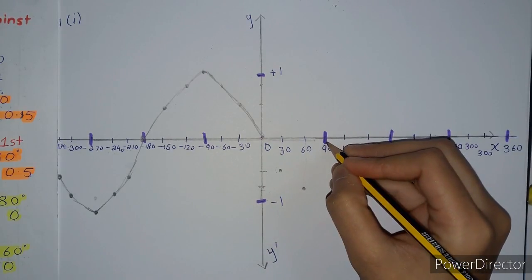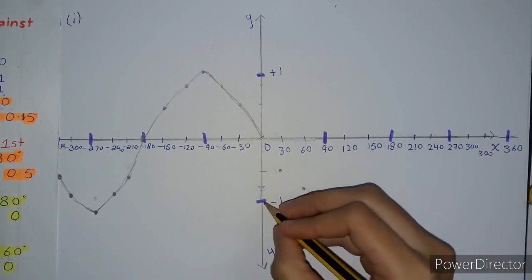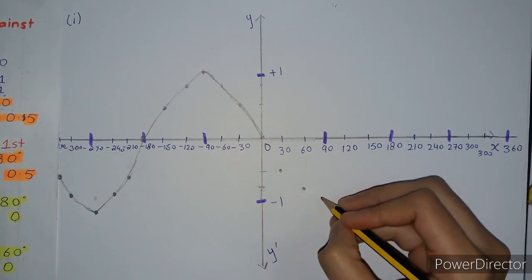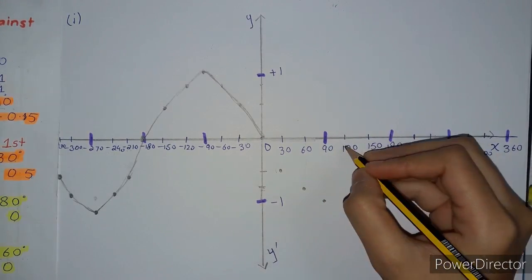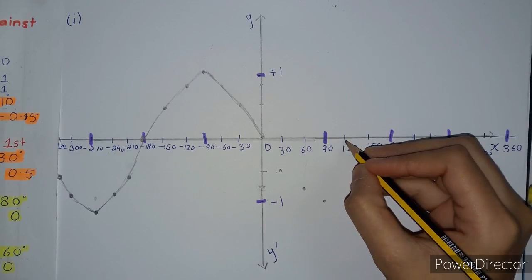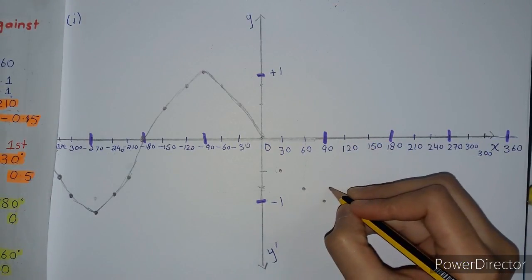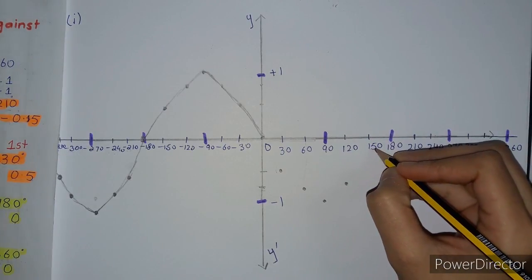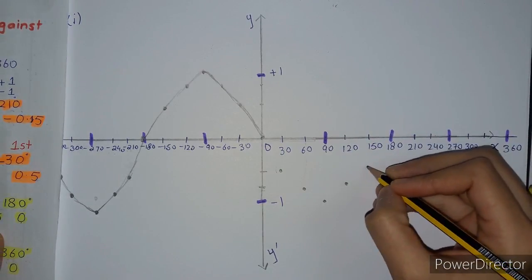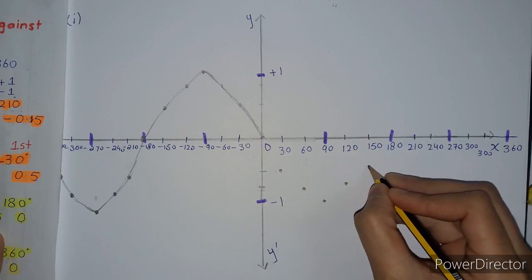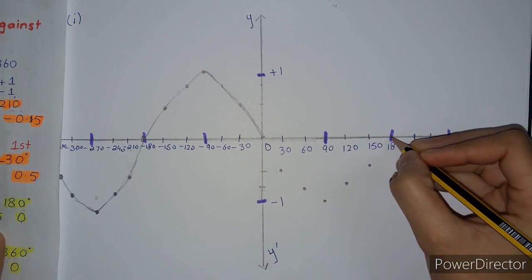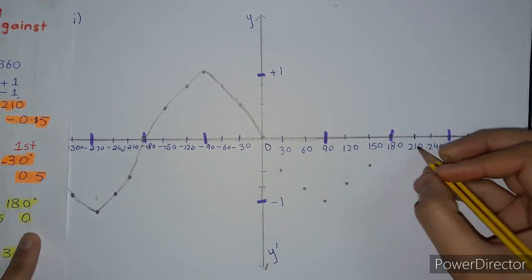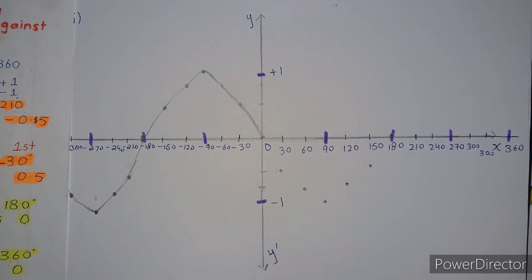Then 90 is -1 here, and positive 120 is -0.5 from here, and 150 is -0.5 with this point, so like this, and 180 is 0.